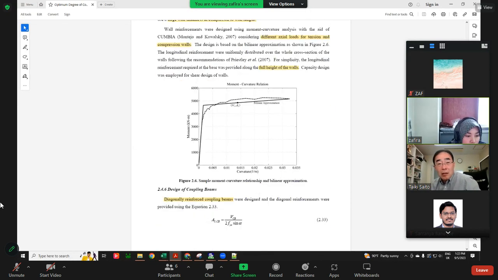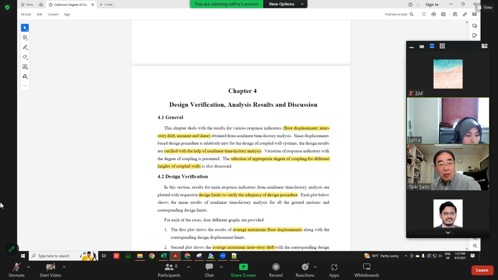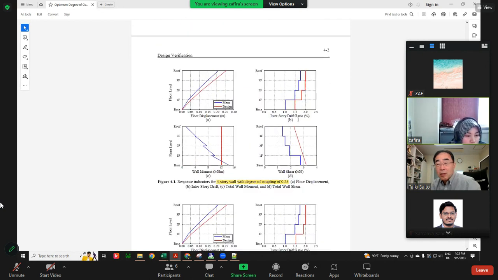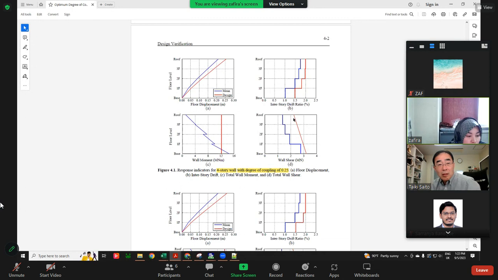He only compared the result based on the floor displacement and interstory drift. He doesn't even compare the ductility and others. So this is the only paper writing about his study in detail.